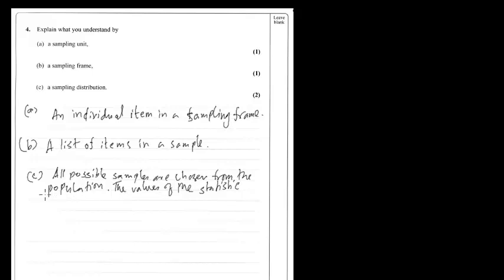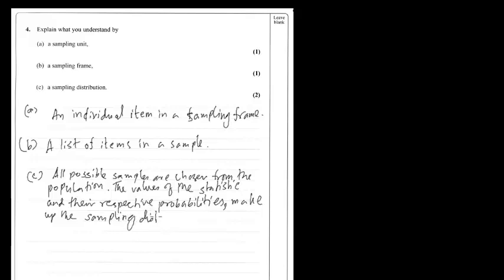So the values of the statistic, which is calculated from the sample, and their respective probabilities make up the sampling distribution.